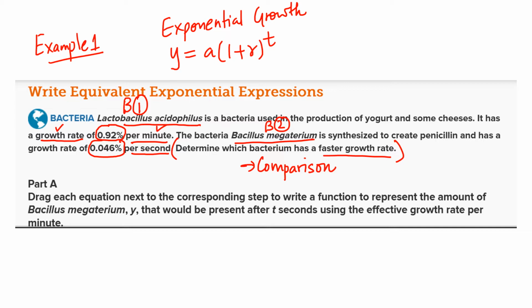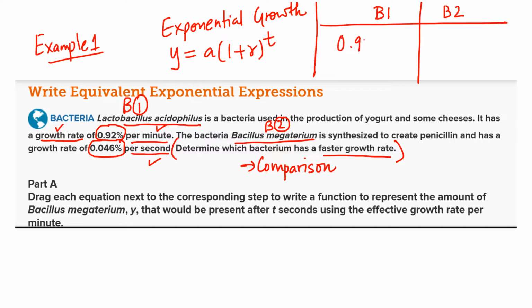Now, if you look carefully at the percentages given here, for bacteria 1 you are given the percentage per minute, whereas for bacteria 2 you are given the percentage per second. So both are in different units, and it's not easy for us to compare as of now. In order to compare well, I'm making a rough table here. B1 is bacteria 1, B2 is bacteria 2.